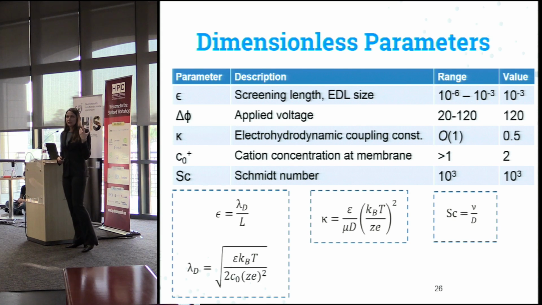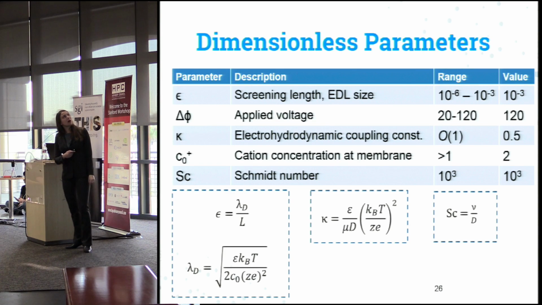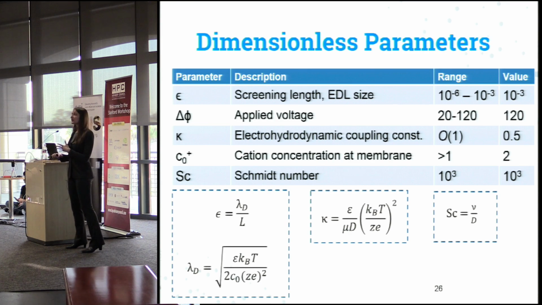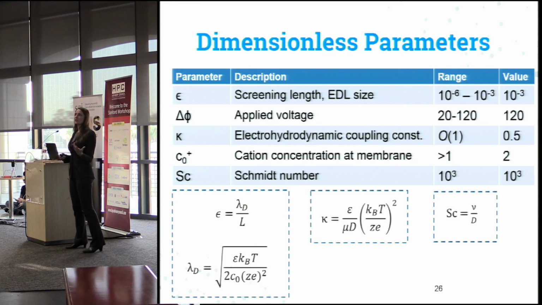So those equations are presented in a dimensionless form because this basically allows us to reduce our parameter space and generalize our problem. And this leaves us with 5 parameters, which, as we tweak them, have different consequences in terms of the physics and also the mathematics. So we have this one particular parameter, epsilon, which we refer to as the screening length. And this is basically a smallness parameter.